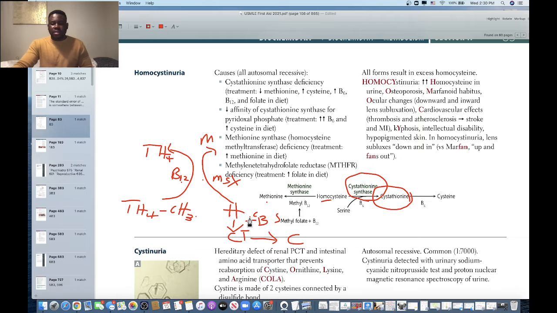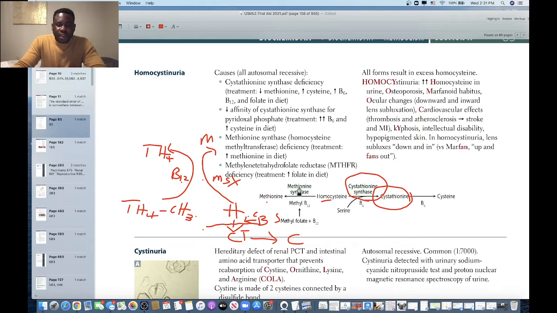That's the enzyme that mediates this pathway. So if I lack cystathionine beta synthase, what will happen? We cannot convert homocysteine to cystathionine. Therefore, we have accumulation of homocysteine. So this is a classical homocystinuria, cystathionine beta synthase. You have to keep it in your mind.